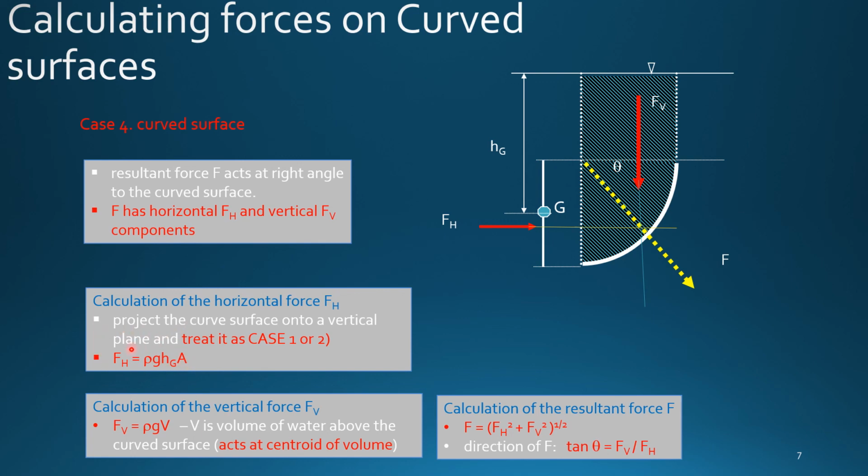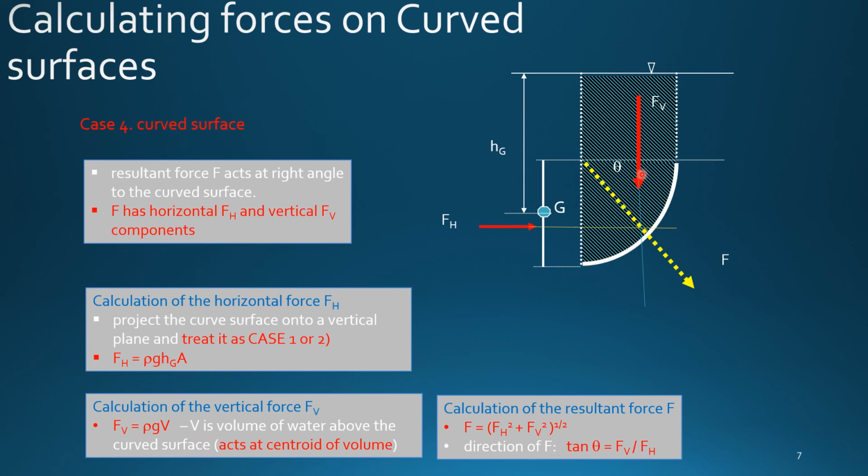Now, what about the vertical force? Vertical force is due to the weight of water above the curved surface, which is rho g times volume, the volume of water above the curved surface.